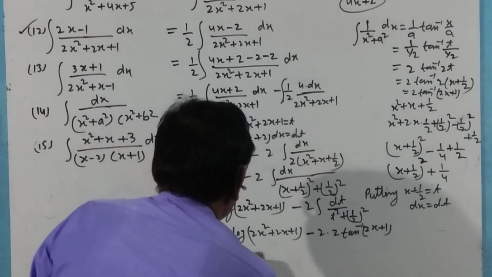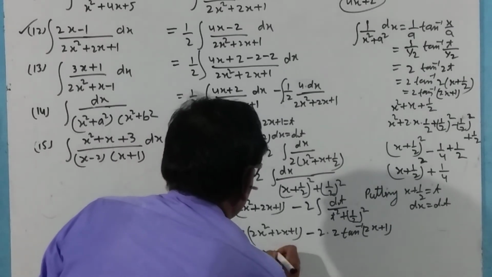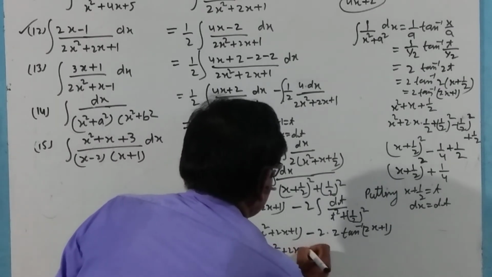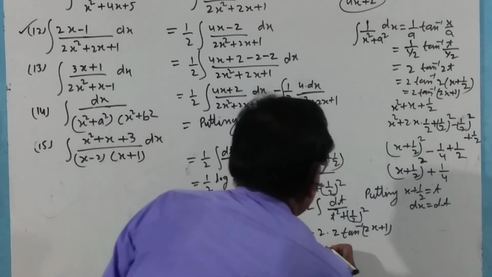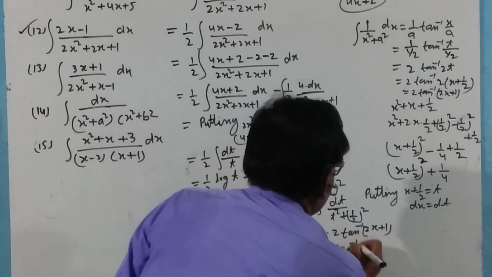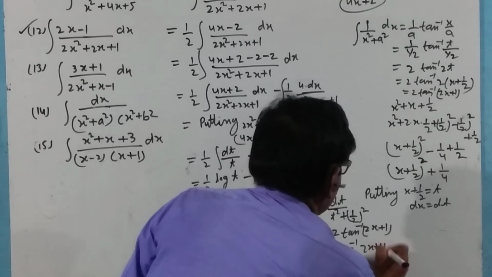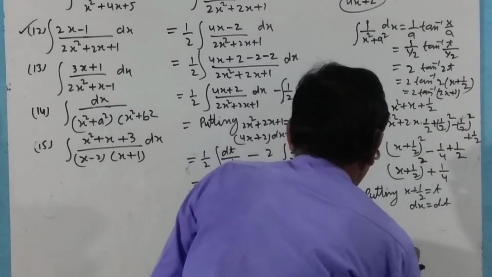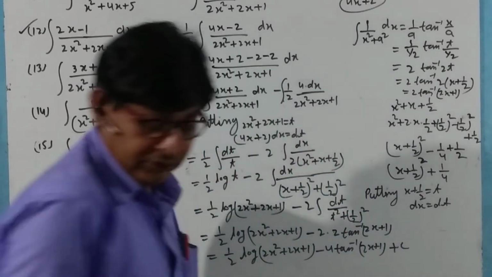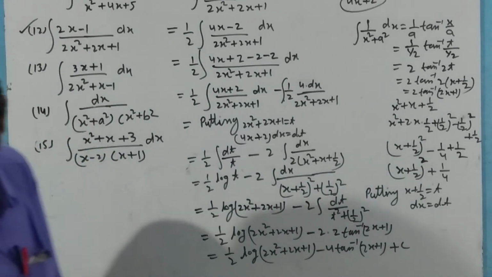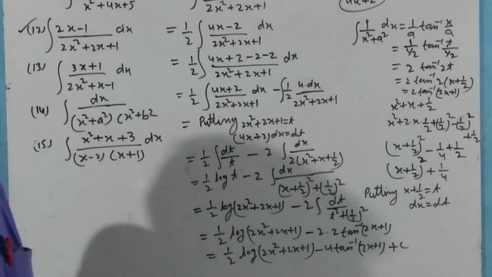So that 1 by 2 log (2x square plus 2x plus 1) minus 4 tan inverse (2x plus 1), plus integrating constant c. This is our answer here.